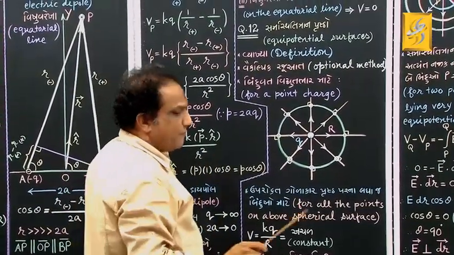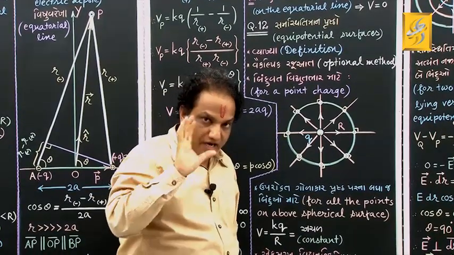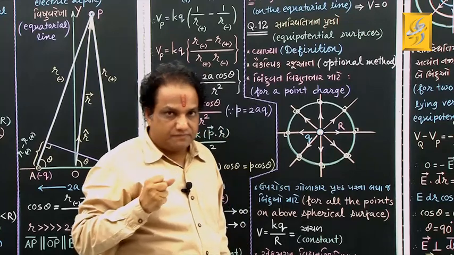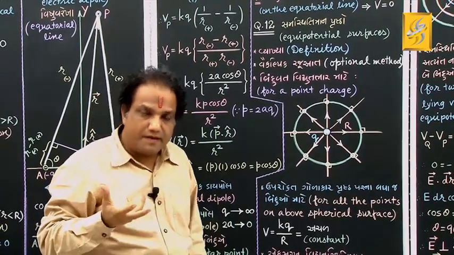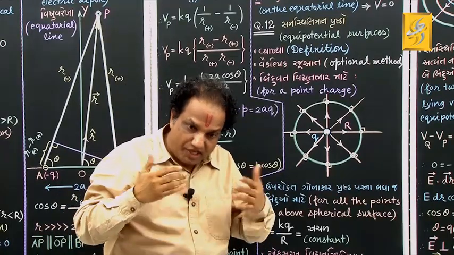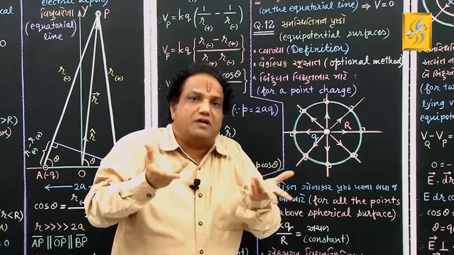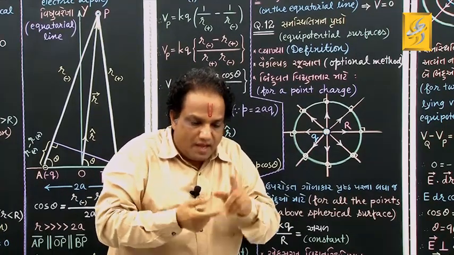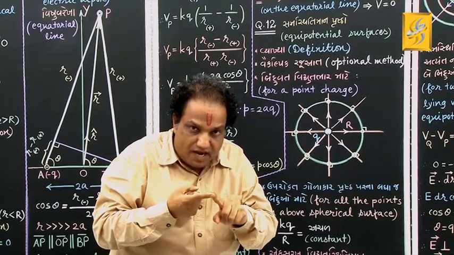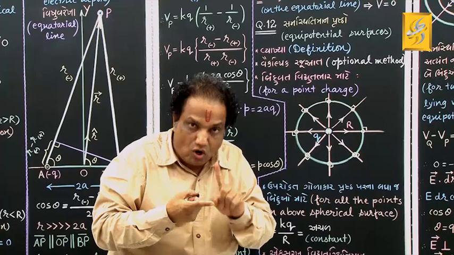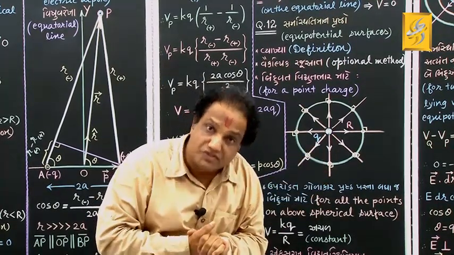Now let us see the physical importance of these equipotential surfaces. I am showing you. Surrounding every charge, there is its own electric field, but it is not visible. Electric field you cannot see. Then just to show the presence of electric field in the diagram, we would like to have some pictorial representation of electric field, and that you can have using three methods: using either electric field vectors, or electric field lines, or these equipotential surfaces.